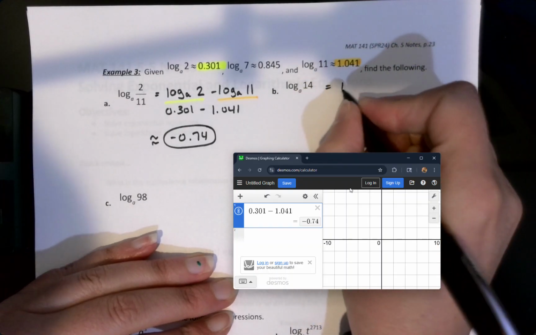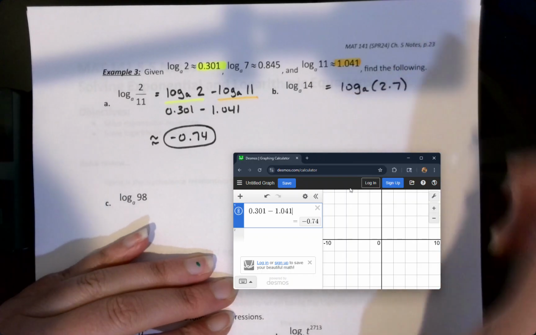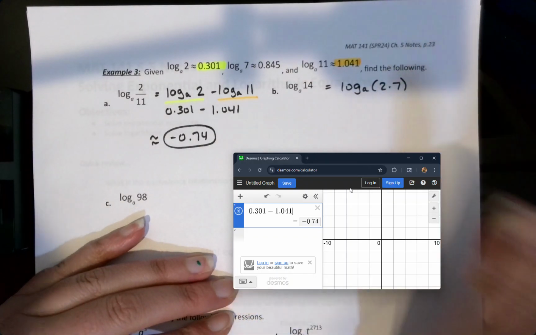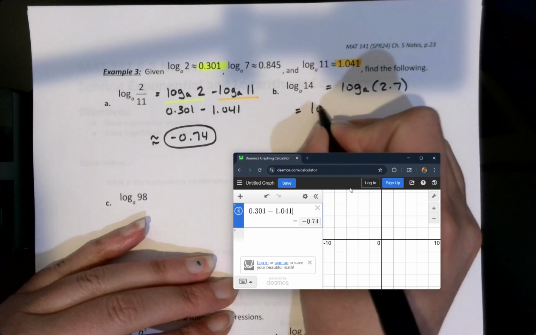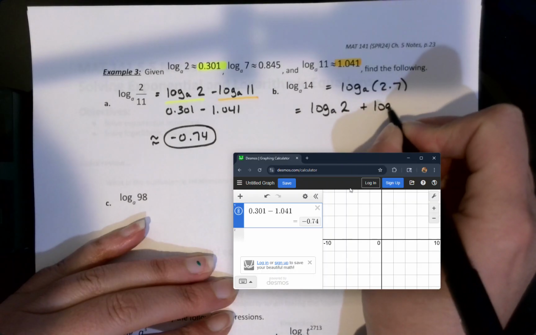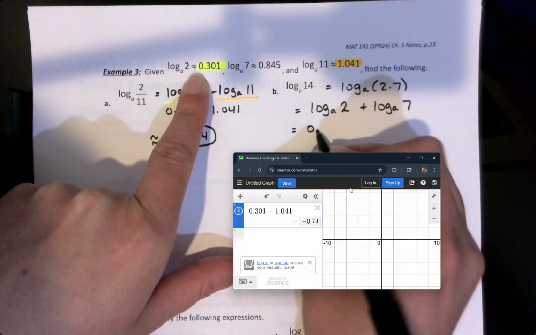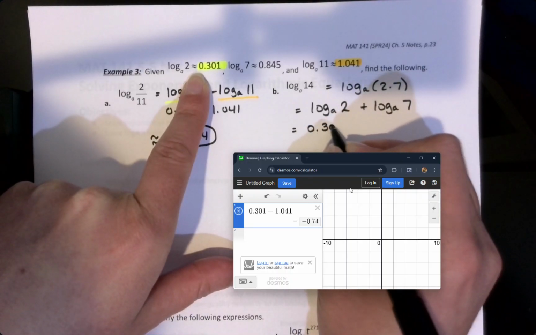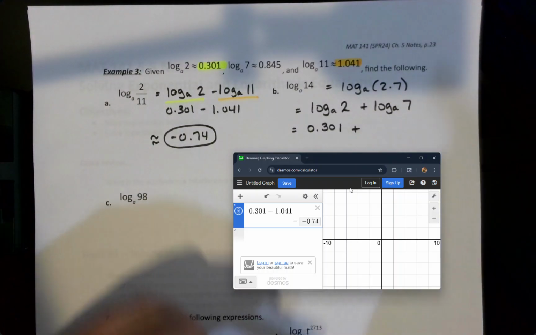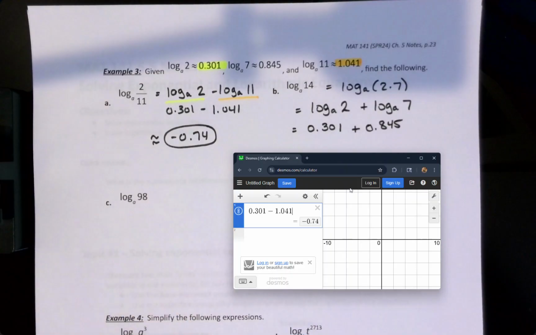So I know that 14 is 2 times 7, and if I need to evaluate the log base A of 2 times 7, that's a product, I can separate that into the log base A of 2 plus the log base A of 7, and therefore this is approximately 0.301 plus 0.845.